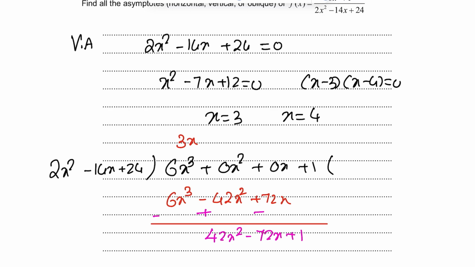2x square goes in 42x square 21x times, so 21 times. So 42x square minus 14 times 21. So when I take the calculator and do 14 times 21, it should be 294x, then plus 24 times 21. 24 times 21 is 504.